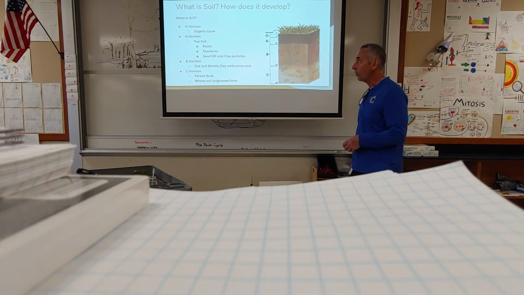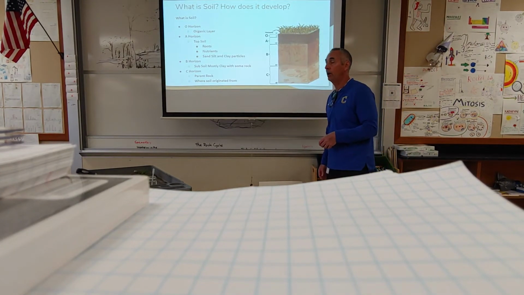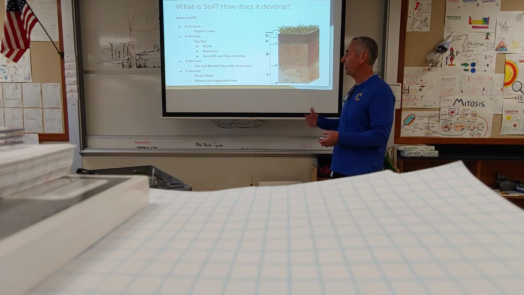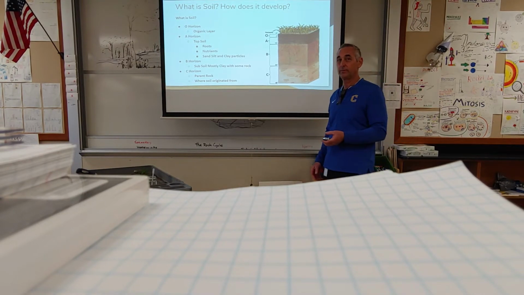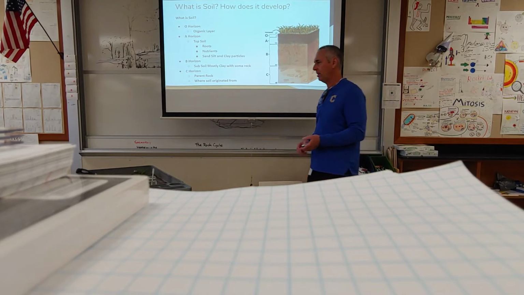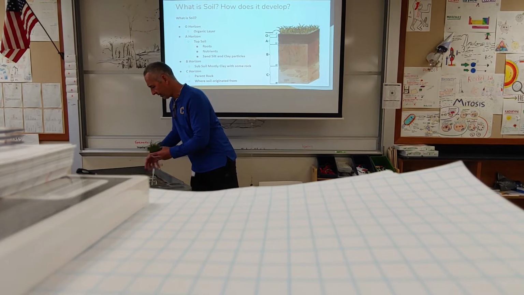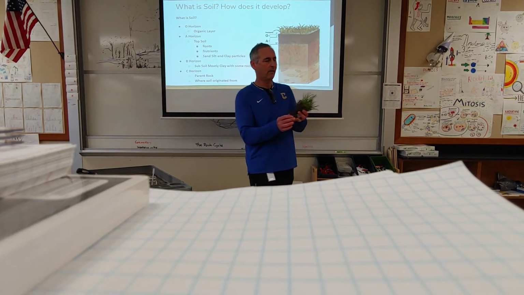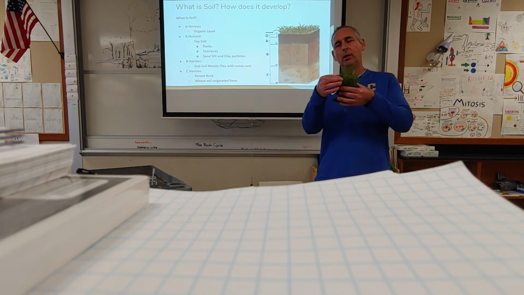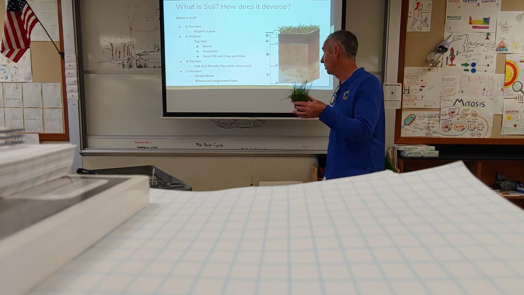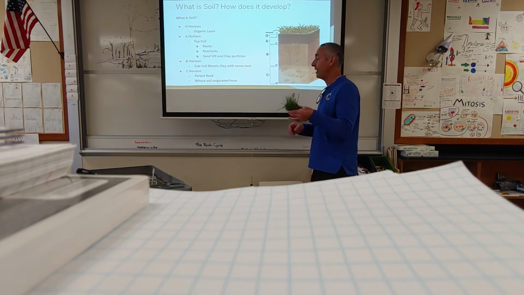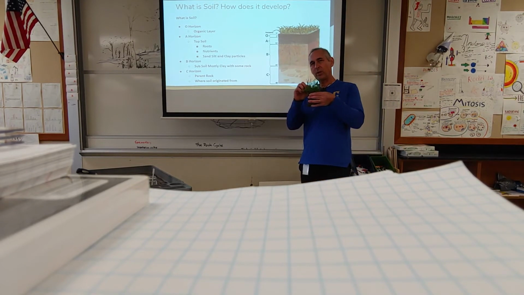So, what is soil? Well, there are basically 4 layers of soil. First off is the O horizon. I've got an example here, I'm going to show it to you. The O horizon is the very, very top layer of the soil, probably about 0 to 2 inches thick.